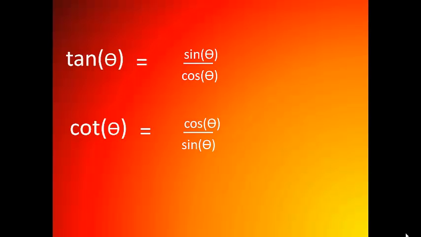And from the first term we also studied that sine power 2 theta plus cosine power 2 theta is equal to 1. So sine squared plus cosine squared is equal to 1.